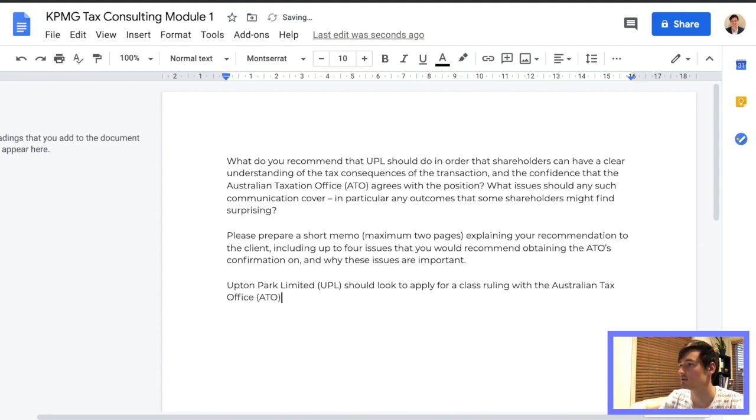To release a detailed report of potential tax outcomes.